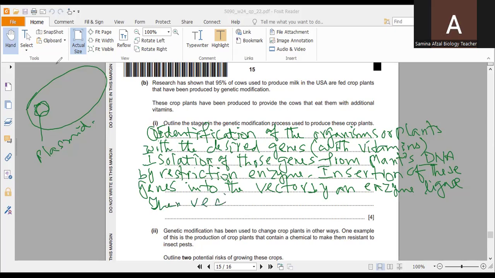Then the vector is introduced into the plant cells by specific means.